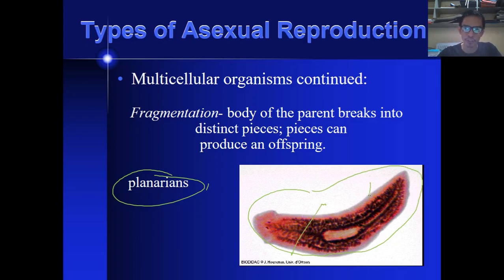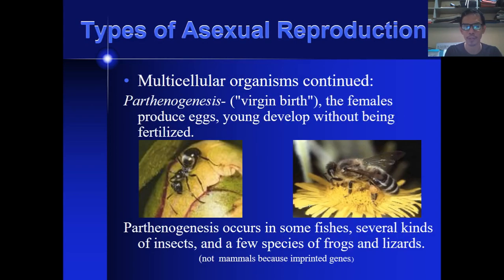Once it breaks off into 3 pieces, these 3 pieces, this one, the second one, then the third one, will grow and develop to become another flatworm. So basically we now have 3 flatworms out of 1 flatworm. Alright, so this is what they call fragmentation.